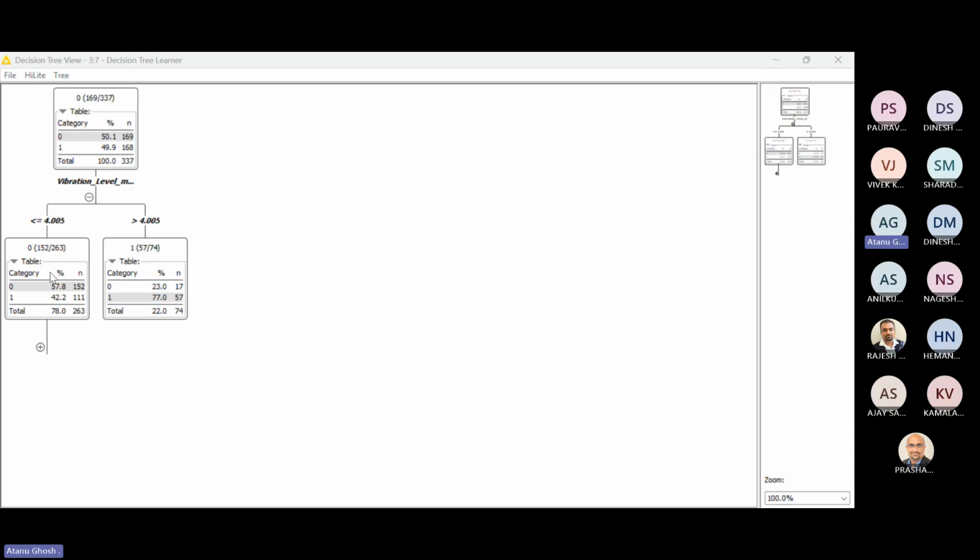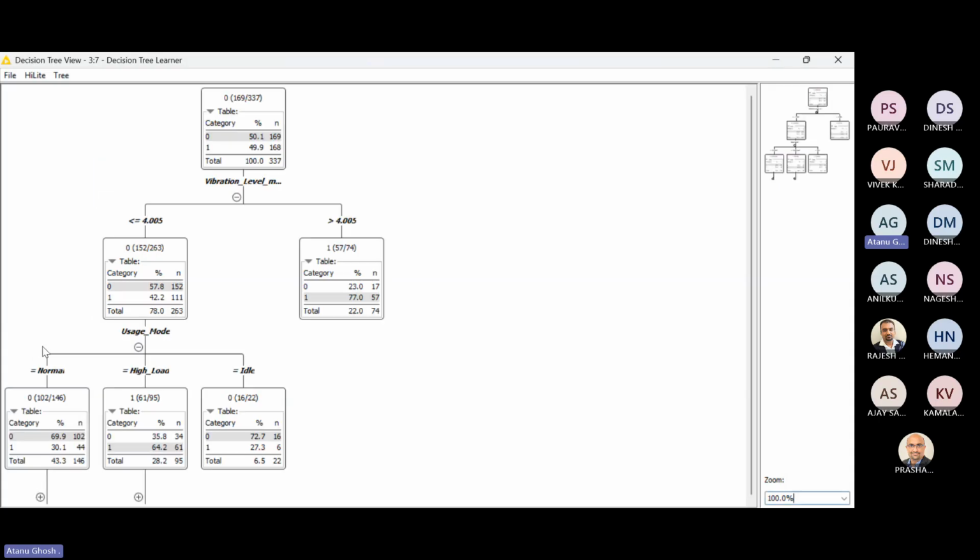In the other case, what has happened? If the vibration is less than 4.005, it is saying that there's a 57% chance the machine will not fail, and there's a 42% chance the machine will fail. But it's saying that I can give you more information from where you can gain more confidence if you allow me to branch further. And when I branch further, I'm taking the next attribute, which is usage mode.